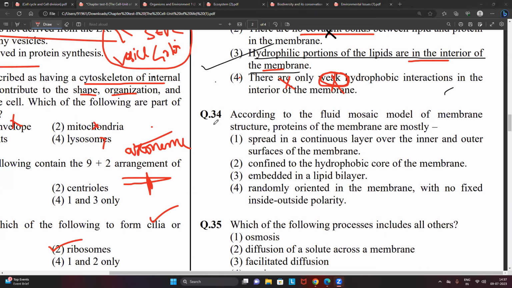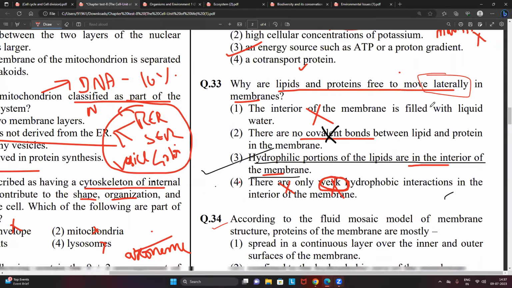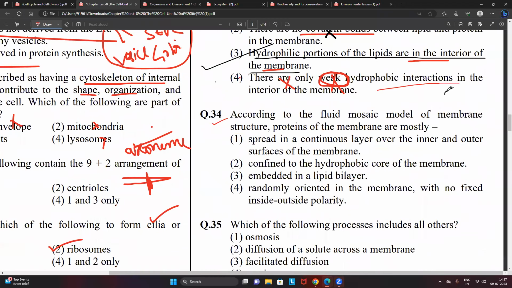According to the fluid mosaic model of the membranes, correct. No, flip-flop is a different one. Lateral is a different one. Balraj, whatever you said is right. See, no need to get confused, friends. This is a lipid, this is also a lipid, and this is also a lipid. If lipid number 1 goes to the place of lipid number 3, that is called lateral movement.